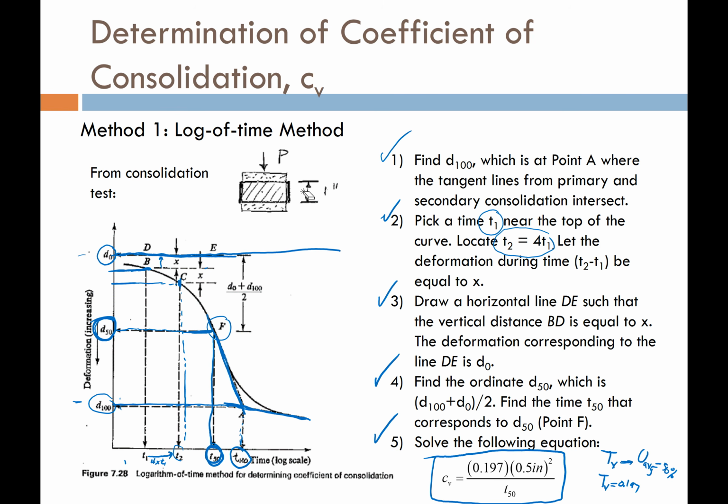So because it's double drained, HDR is going to equal 1/2 inch, or 1/2 the thickness of our soil layer. So that's where that 1/2 comes from.